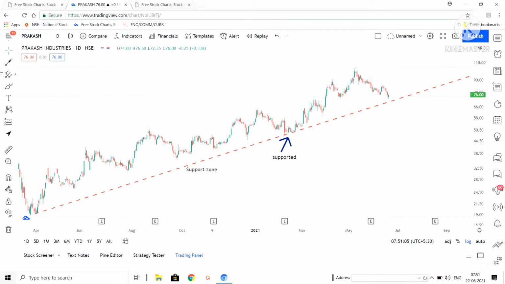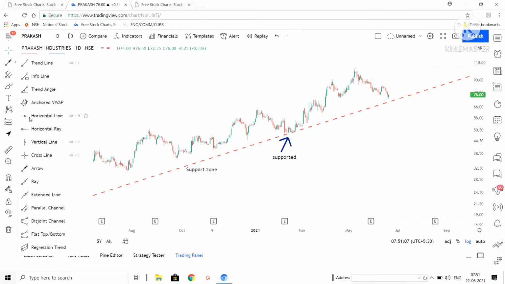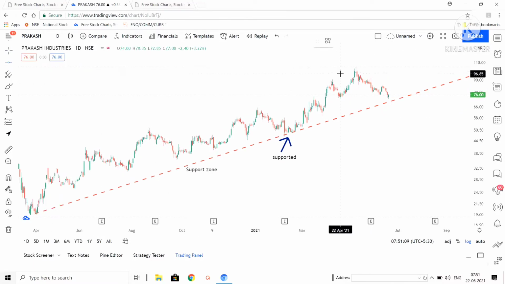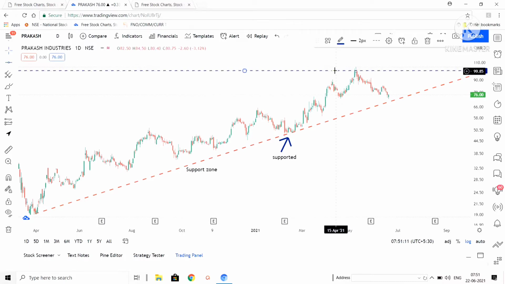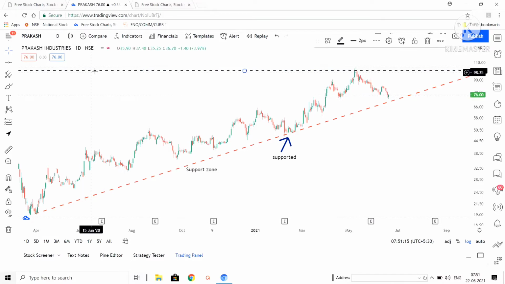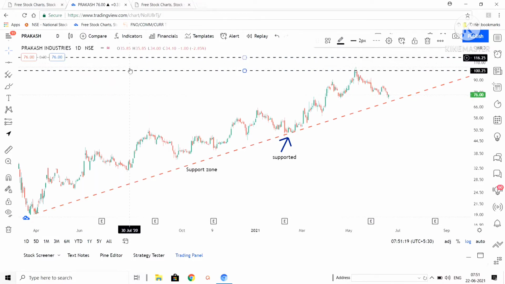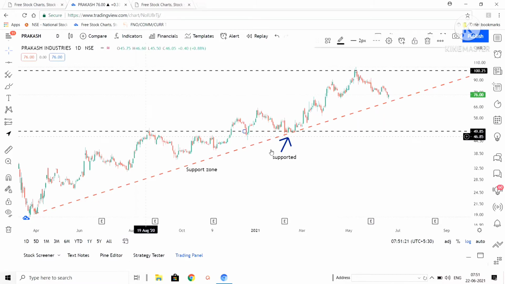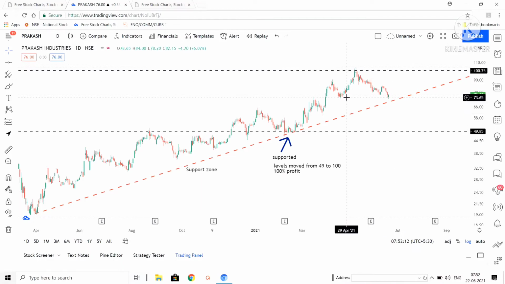The arrow indication shows how the pickup takes place at the support line, and we are marking the higher points and the lower points. From here the company has traveled from 49 rupees to 100 rupees. It's almost 100% travel within a short time span.